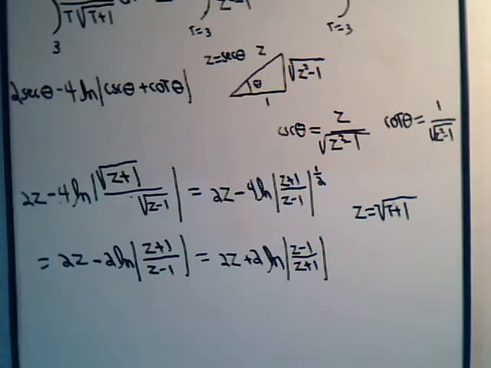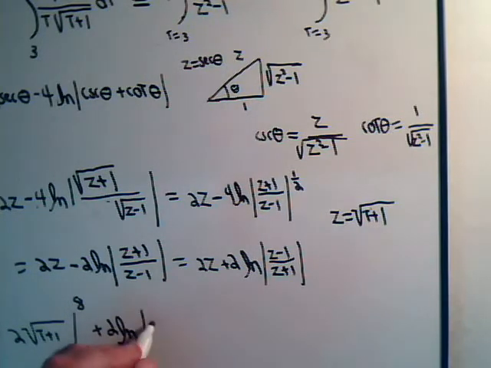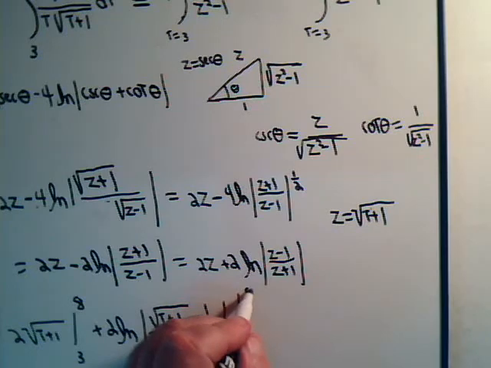Okay, now we can substitute for z. Here we're going to have 2 times the square root of t plus 1, t goes from 3 to 8, plus 2 times the natural log, the square root of t plus 1 minus 1 divided by the square root of t plus 1 plus 1, and t goes from 3 to 8.